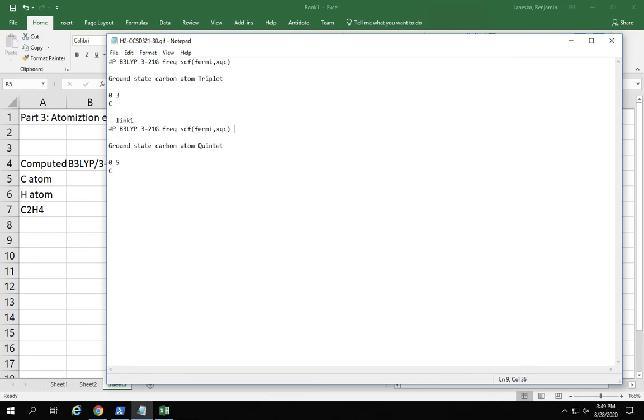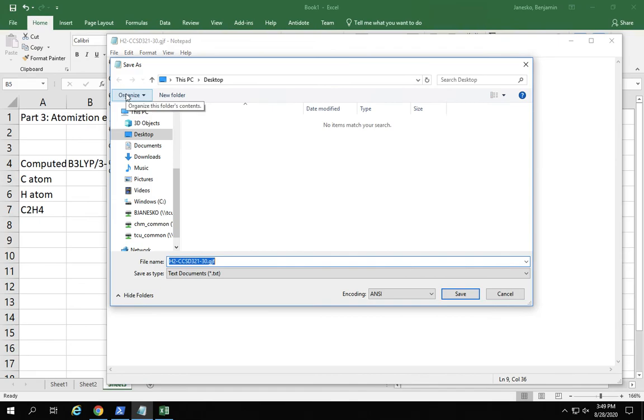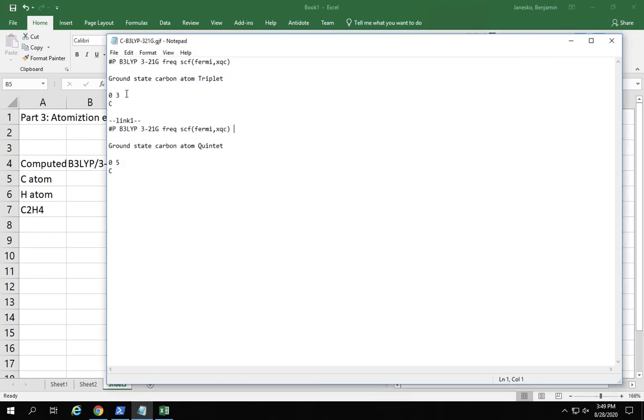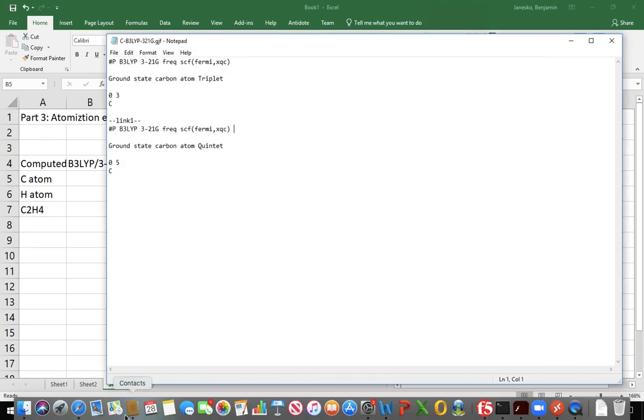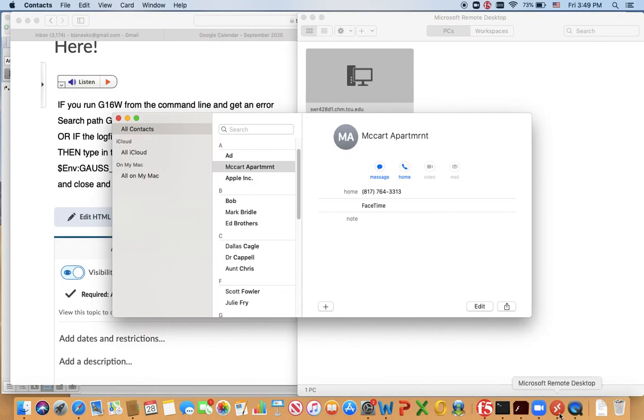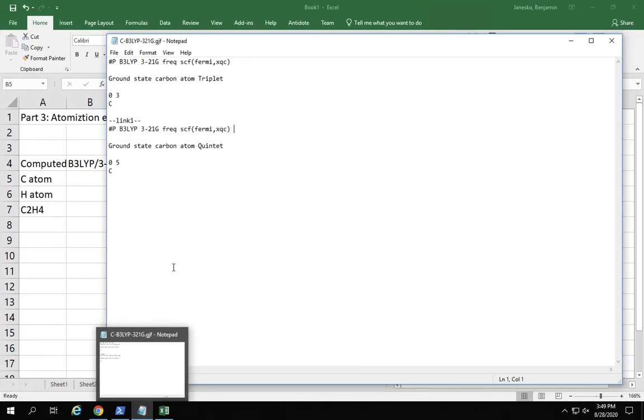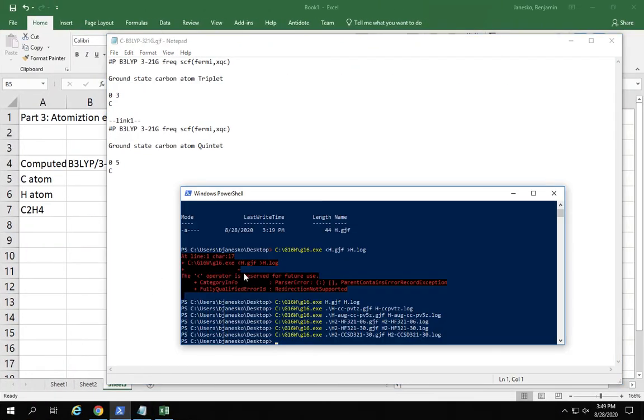Just as an aside, improving our self-consistent field convergence might be useful, so we can save those. We're going to save this file as C B3LYP. Now I'm going to run that calculation using Gaussian.